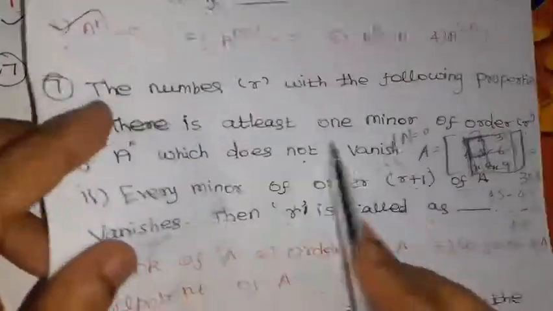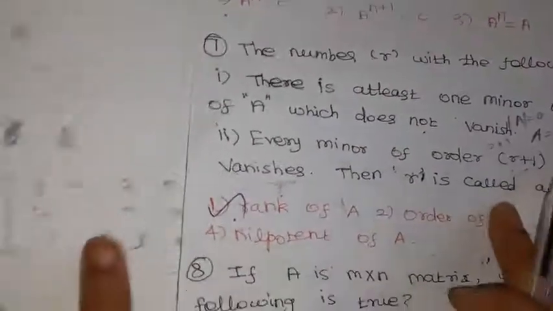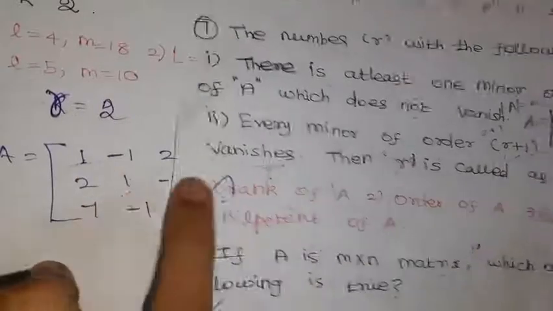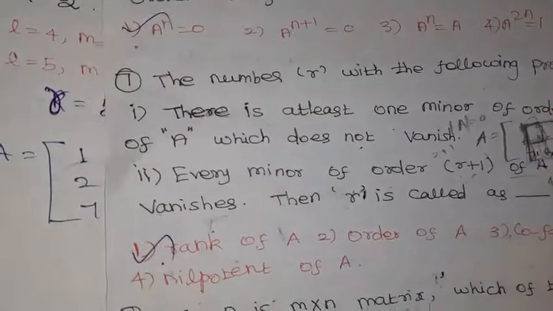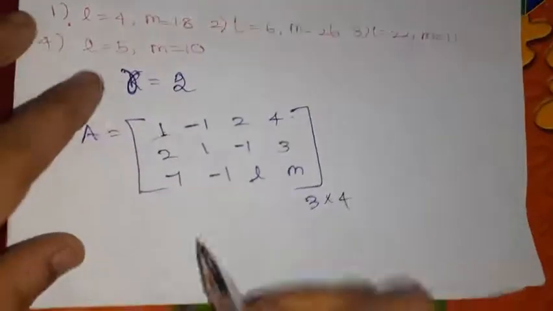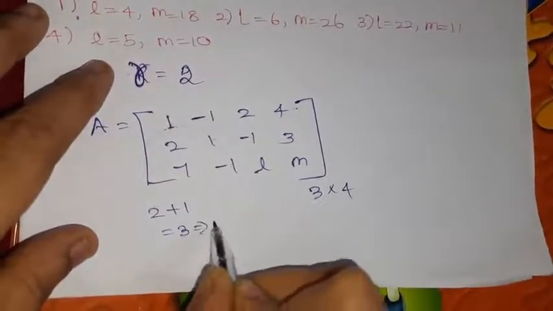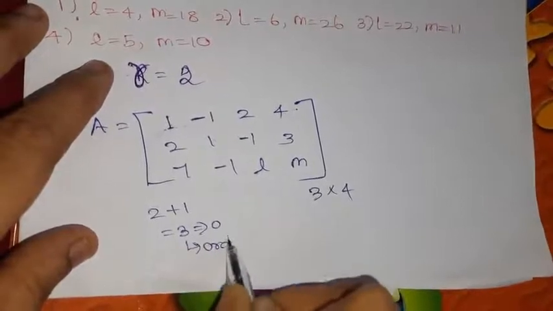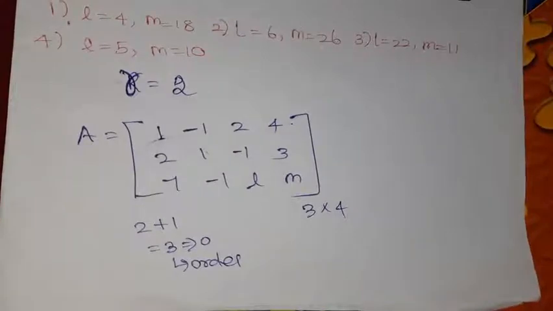There is at least one minor of order R, here order 2, that should not vanish, which means it should not equal 0. Then R plus 1 vanishes, which means 2 plus 1, that is 3, vanishes. Rank is 2 means the order 3 minors vanish.